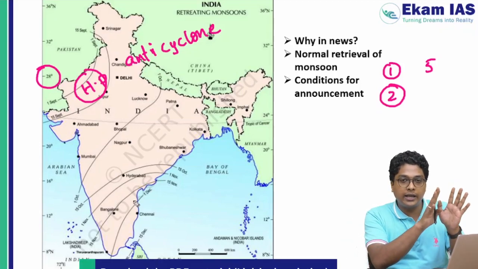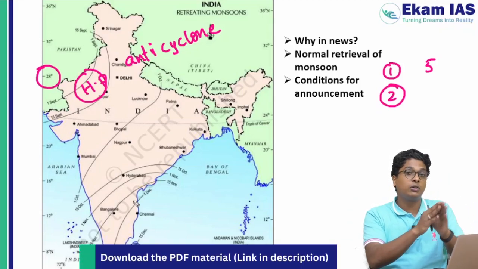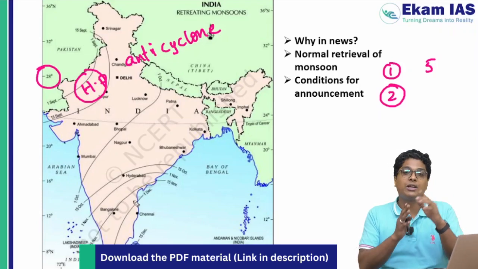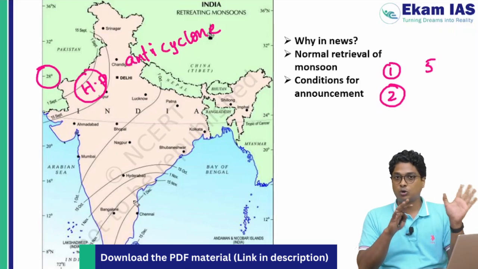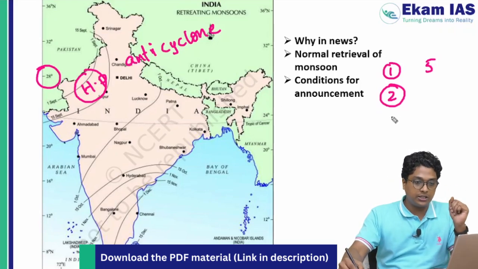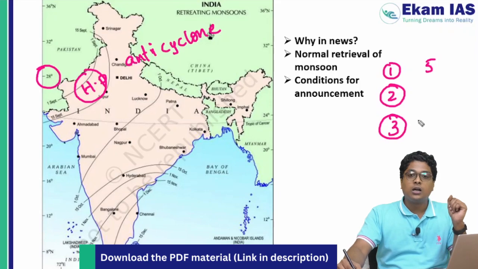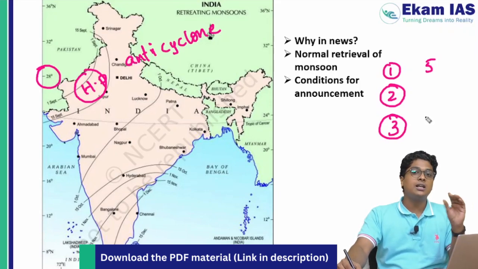So the second condition for the announcement of the withdrawal of the monsoon is the formation of an anticyclone, or a high pressure region. Both are the same. Now the third condition: a reduction in the atmospheric moisture.